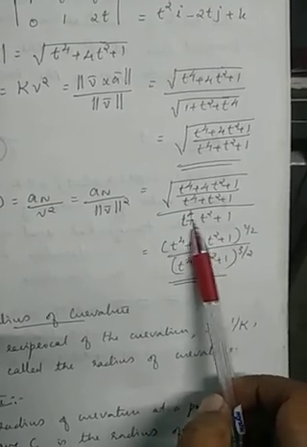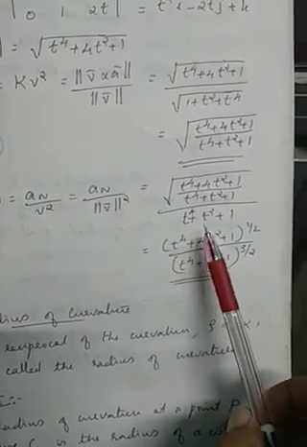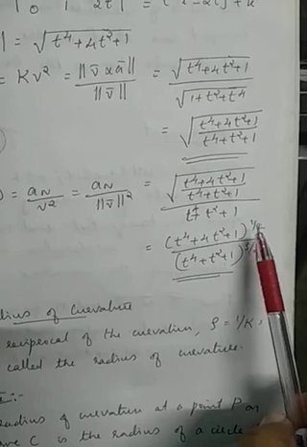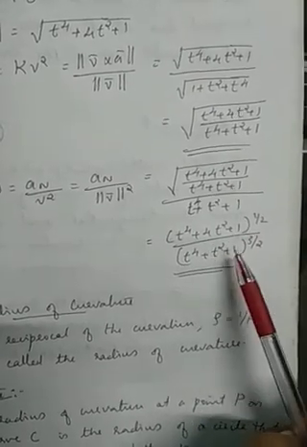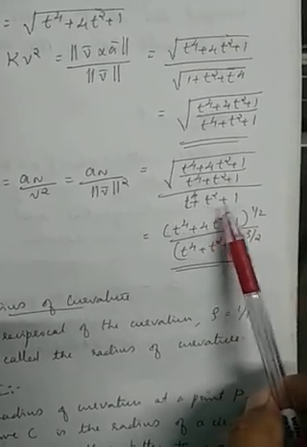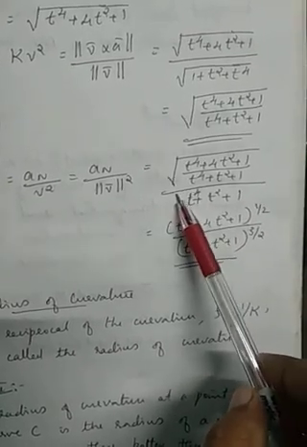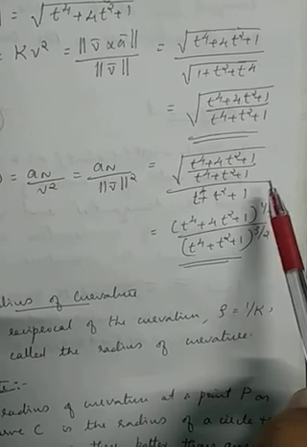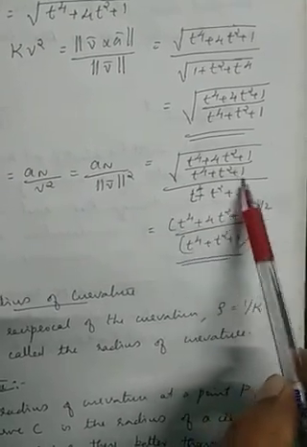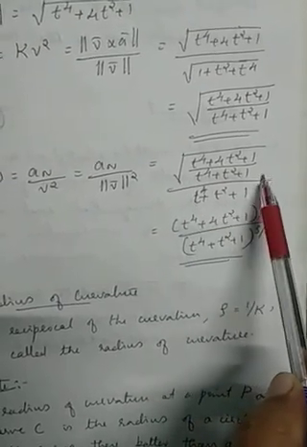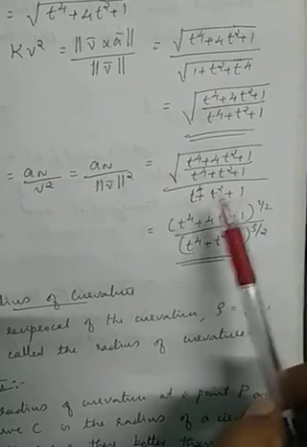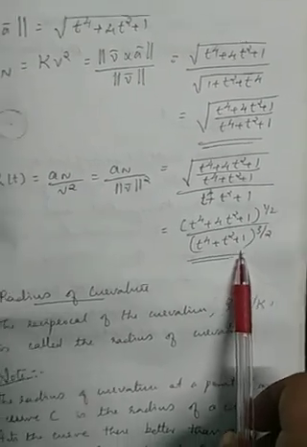So here it becomes t raised to 4 plus 4t square plus 1 the whole raised to 1 by 2, divided by t raised to 4 plus t square plus 1 whole raised to 3 by 2. Because in the denominator, the power of this term is 1, and here the power of this term is 1 by 2, so 1 plus 1 by 2 is 3 by 2. This is the value of the curvature at any time t.